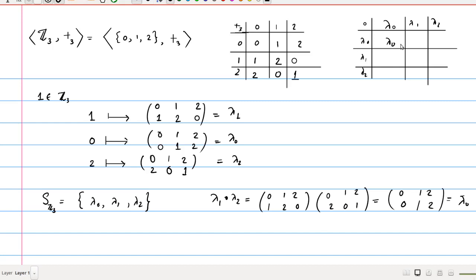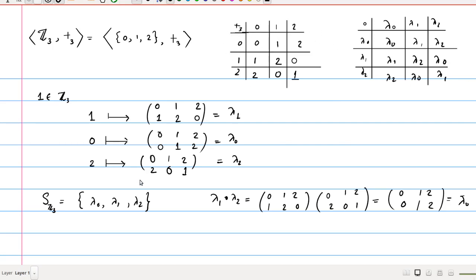You can easily get this: lambda naught, lambda 1, lambda 2, and when you operate lambda 1 and lambda 1, you can get lambda 2, lambda 1 and lambda 2, you can get lambda naught, and this is lambda naught. Again you can perform these multiplications and you can observe that these are the elements. Okay, so this is lambda 1. Now you can get a group table corresponding to this.